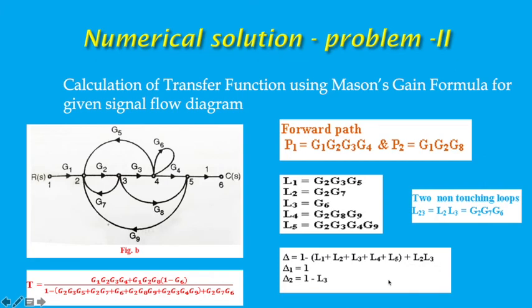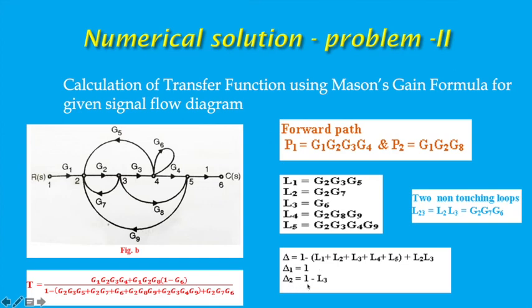Then find delta 1. Here are two forward paths. For delta 1, 1 minus loops that do not touch the first forward path. But here all loops touch the first forward path. So this term is 0. Then delta 1 equal to 1.